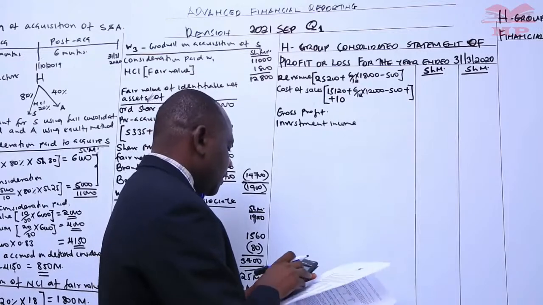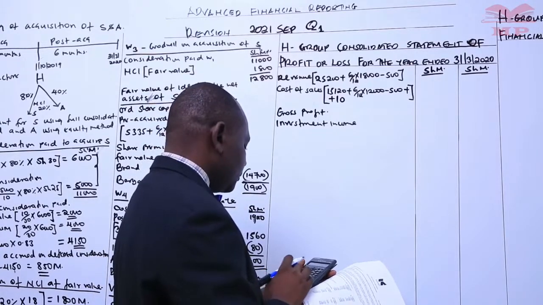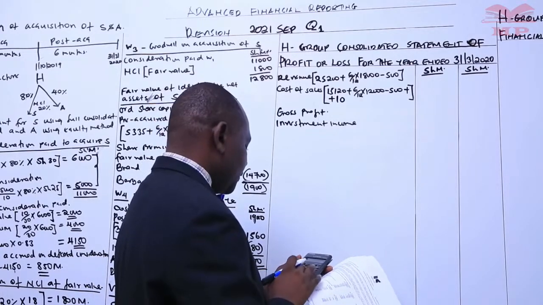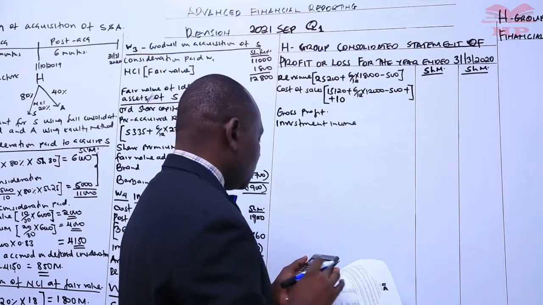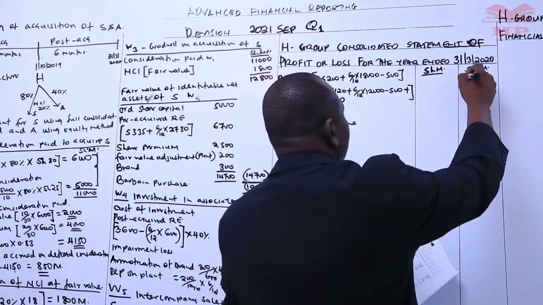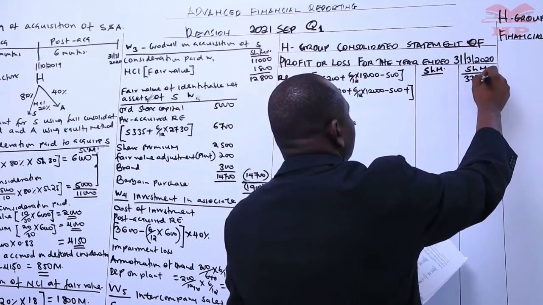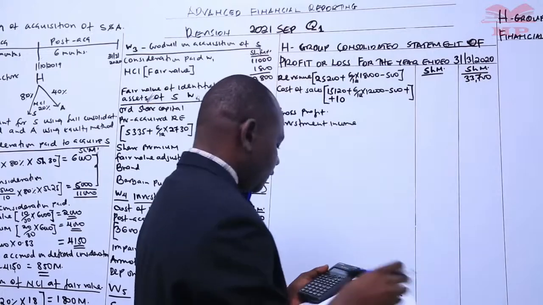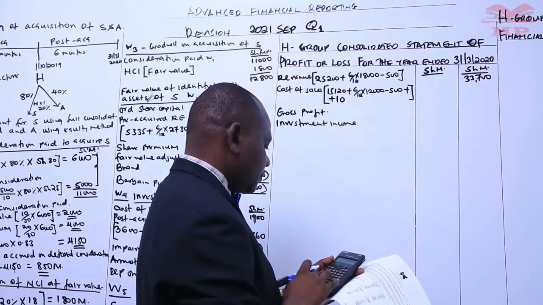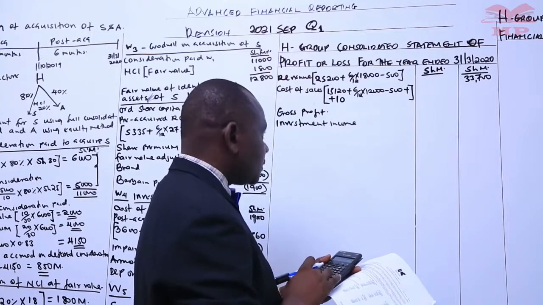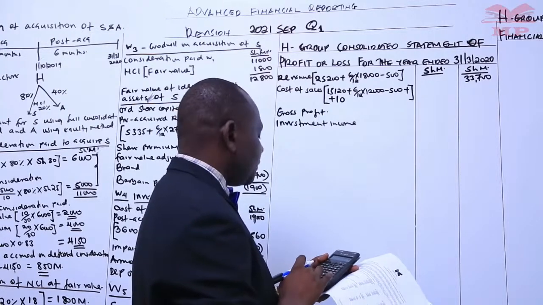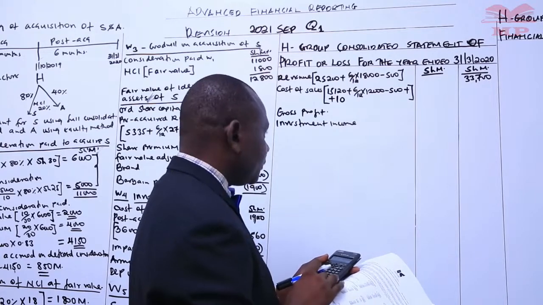So 25,200 plus 0.5 times 18,000 minus 500 gives 33,700. Then cost of sales: 15,120 plus 0.5 times 12,000 minus 500 plus 10.